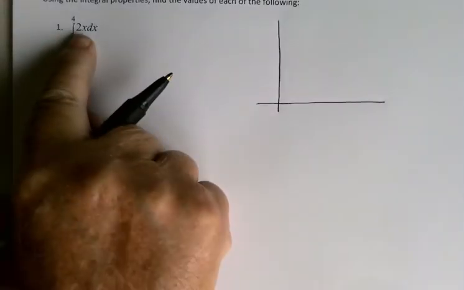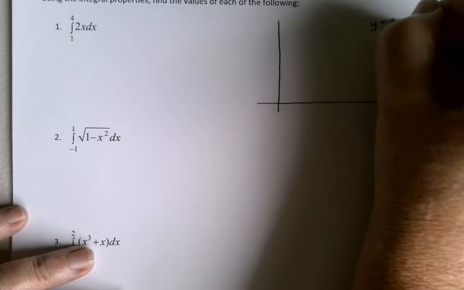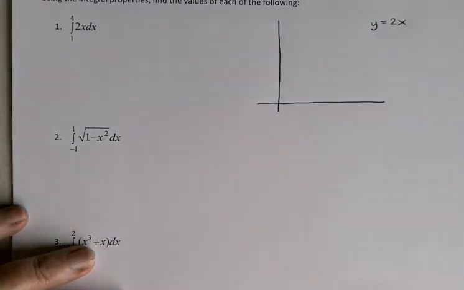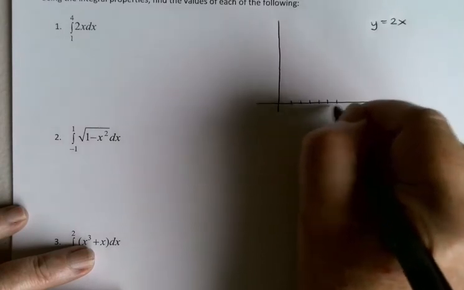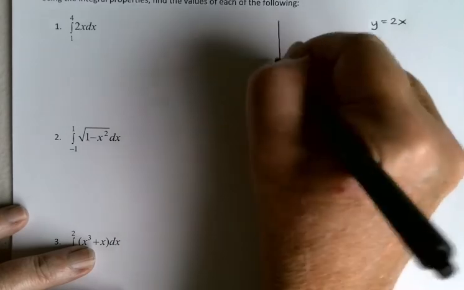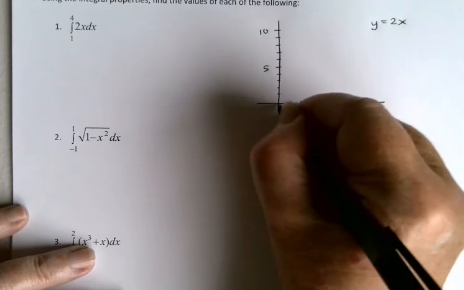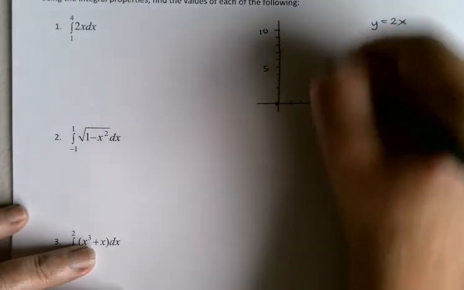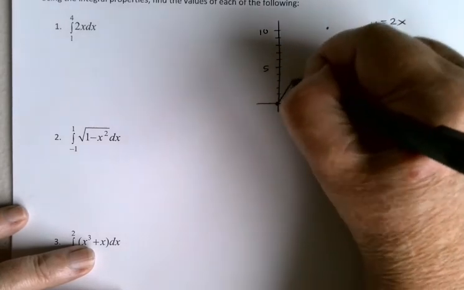My function is just y equals 2x, which would just be a line with slope 2. So it would go through 0, 0 with a slope of 2. 5, 10 would be another point. It's going to look like that, right?